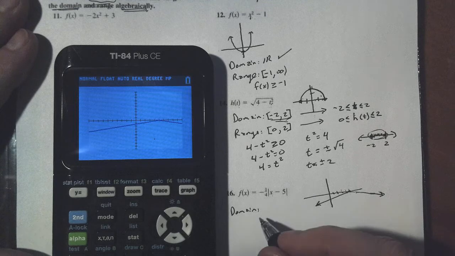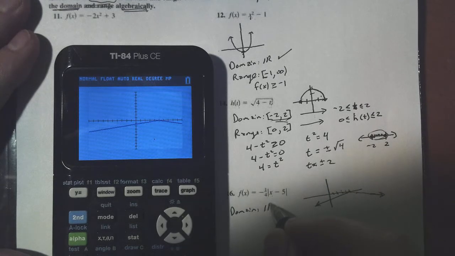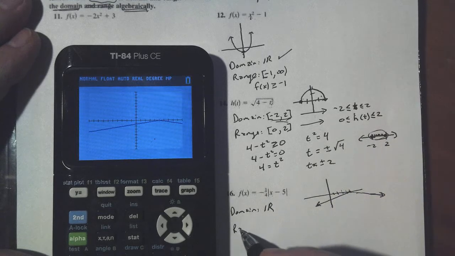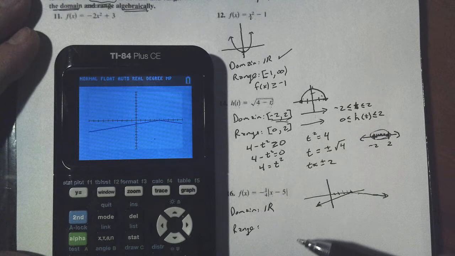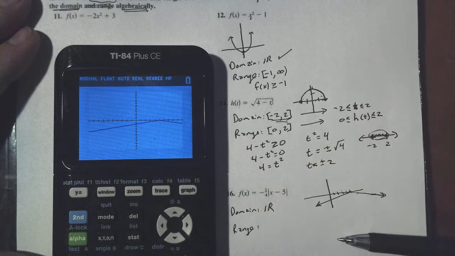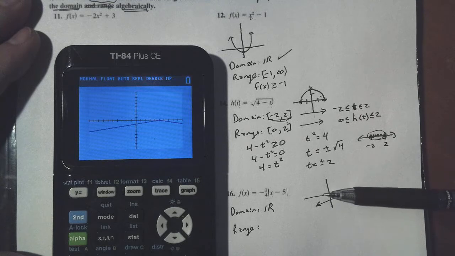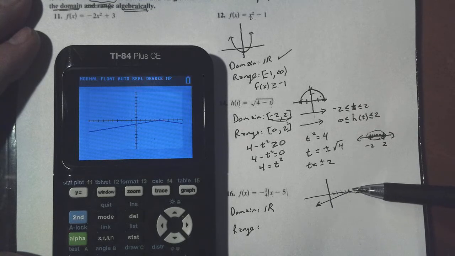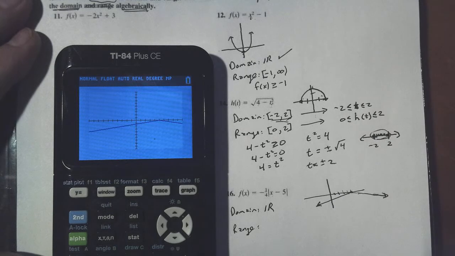And so our domain is either negative infinity to infinity or all reals. Our range, I believe this is going to go down forever, so I believe eventually the graph's going to exist down to negative infinity, comes up and stops existing, not at 5, this is y's, from negative infinity up to 0.